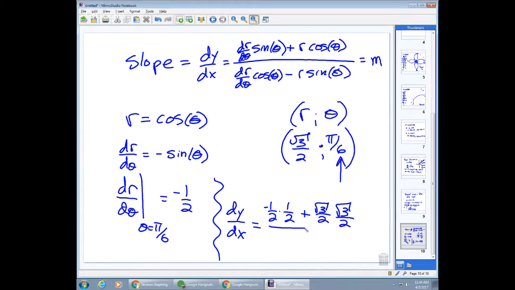In the denominator, we have dr d theta again, so -1/2 times cosine of pi over 6, square root of 3 over 2, minus r, which is square root of 3 over 2, and sine of pi over 6 is 1/2.